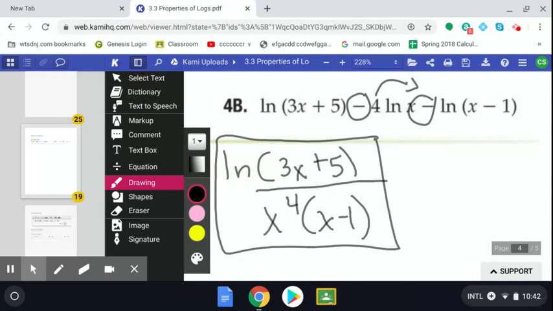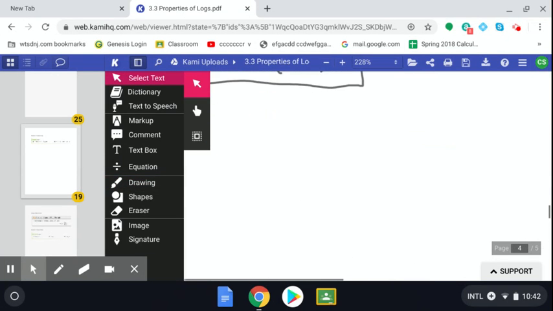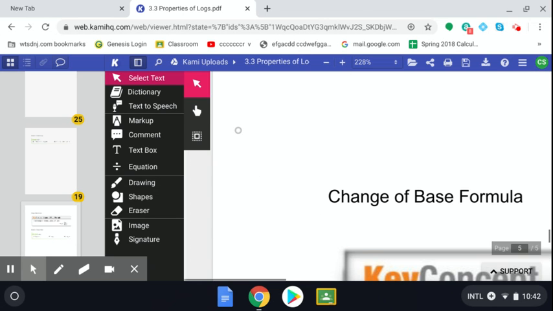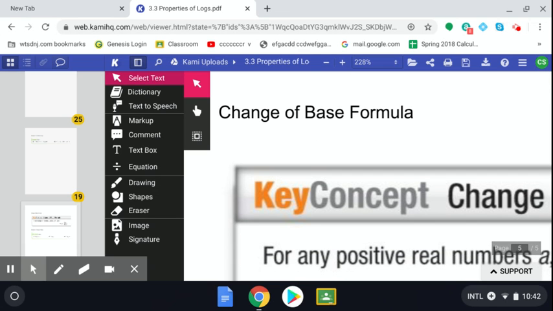Okay, I know I didn't spend a lot of time on this one, but hopefully with more practice we can be more efficient. Now we need to go to 5a, and 5a requires you to apply the change of base formula.